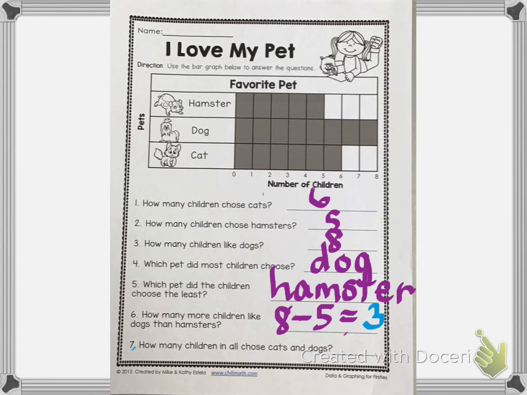Okay, now these are the important words. How many children in all? In all tells us that we are going to add. What are we going to add? Cats and dogs. Those are the two numbers that we're going to add. And we're going to make a number sentence just like we did with number 6, the question number 6.